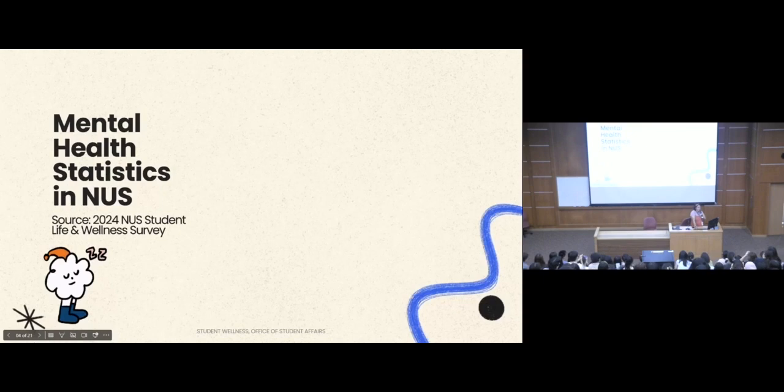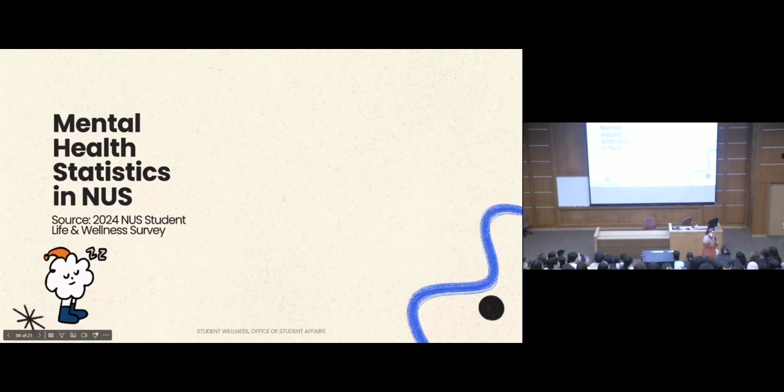How many percent do you think here in NUS actually experience anxiety symptoms? I saw you raise your hand already, I mean you were paying attention. Come, the girl behind. What was it? Correct, because you were paying attention to the slides.